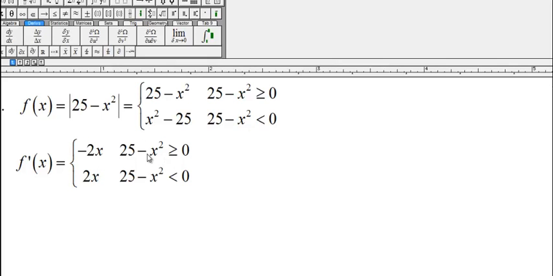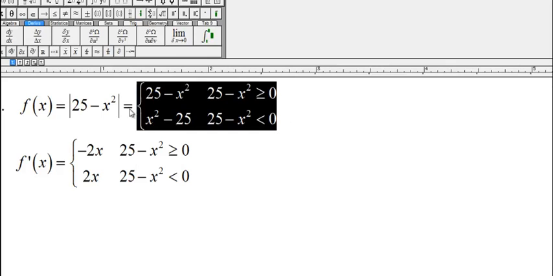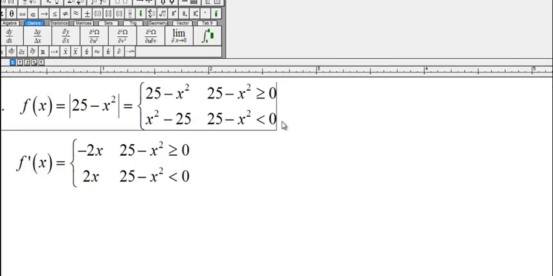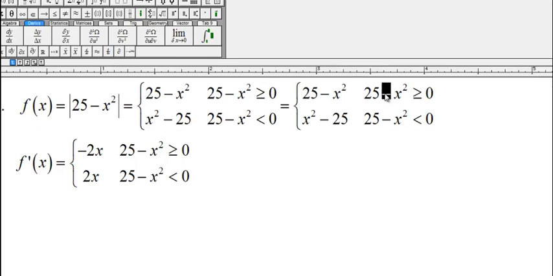Okay, and maybe I should rewrite this condition here. This is going to be add x squared to both sides. We get, maybe I should write it this way, x squared is less than or equal to 25. And this is x squared greater than 25.